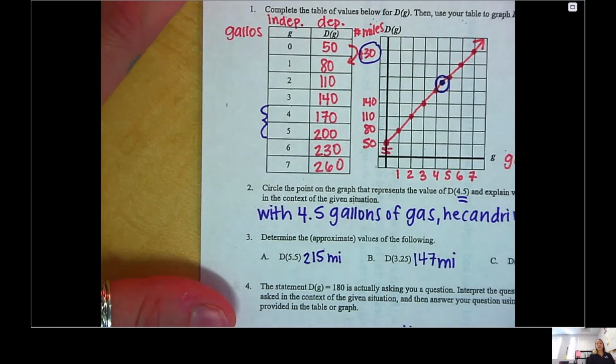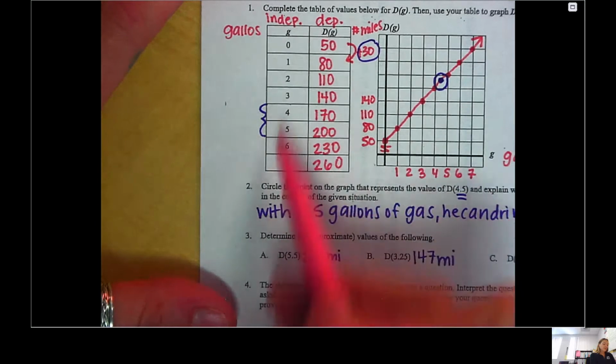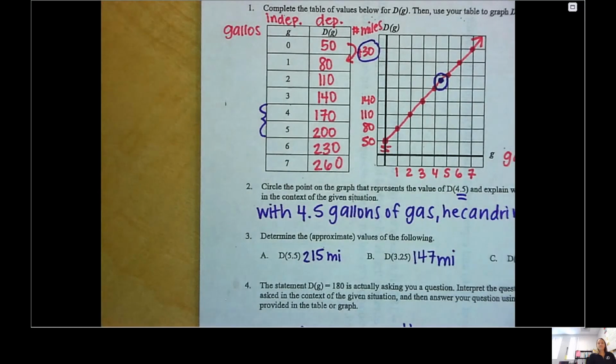0. You can't have any negative numbers. What's the most number of gallons you could have? Actually, infinity. Why? Because once I use it up, then I add more to it, right? And it just keeps going and going. So your domain is between 0 and infinity. It just goes on forever. When we write that, we write it like this.